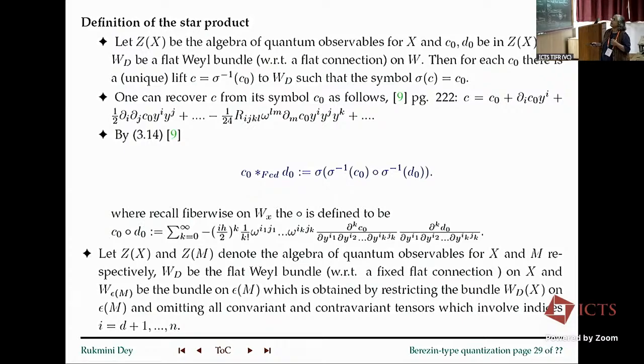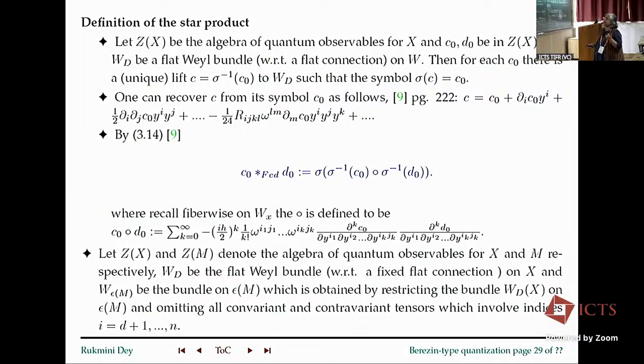And the Fedosov star product is just you take C0, invert it, get to C, do that Moyal type of product, and then take the symbol again. That's how we define the Fedosov star product. And it is associative, the correspondence principle holds, all the properties are very nice.